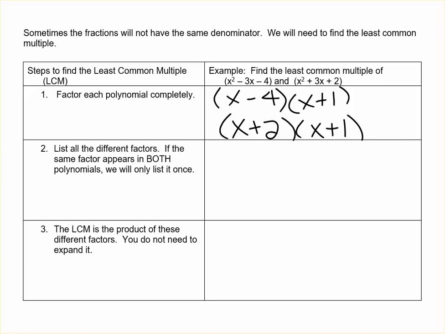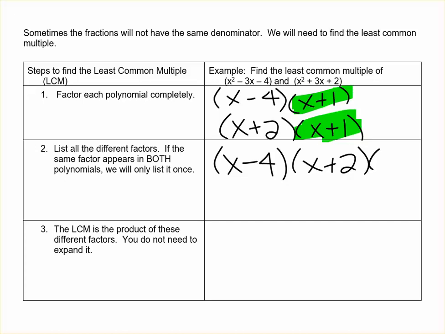For example, I notice that both of these have a factor of x plus 1. So when I'm looking for my least common multiple, I will only include x plus 1 once. So listing them down, I would have x minus 4 times x plus 2 times x plus 1. That is my least common multiple.